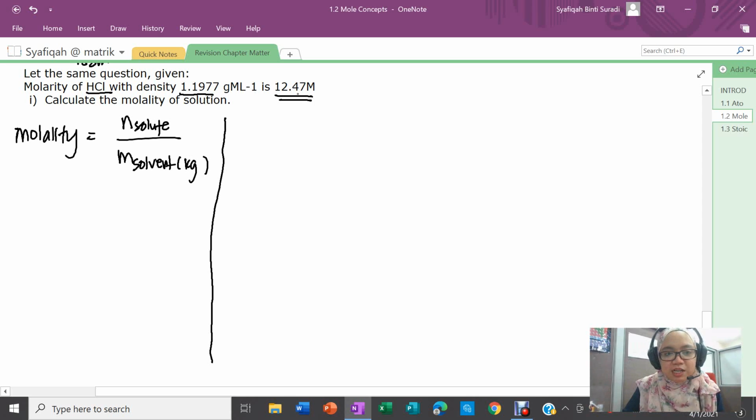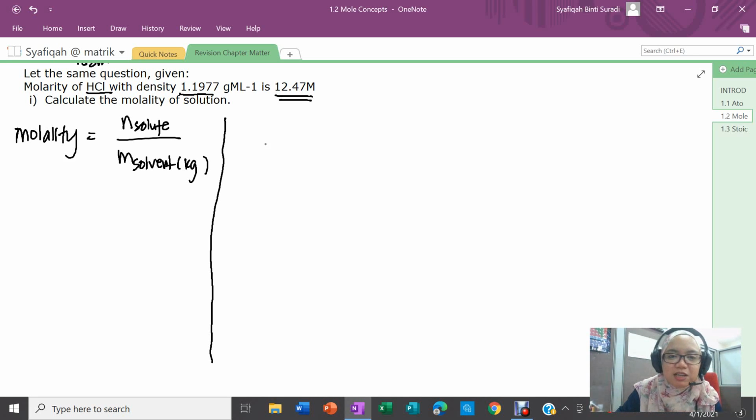So, dia bagi kita molarity dan density. So, apa kita boleh buat? Okay, kalau dia bagi kita molarity ke, dia bagi kita percentage by mass ke, dia bagi kita molality ke kan? Okay, contoh kalau soalan bagi kita molality ke molarity kan, kita boleh guna tu untuk buat assumption, untuk cari jawapan kepada soalan yang diberi. Okay, contohnya tadi ni, dia bagi kita molarity, tapi dia suruh kita cari molality. So, we can use the assumption untuk dapatkan mole of solute.